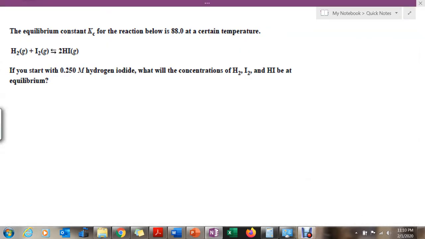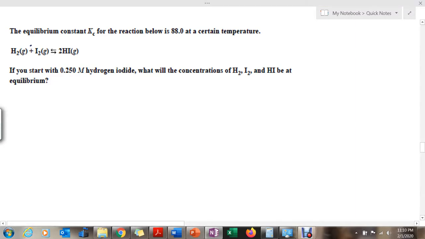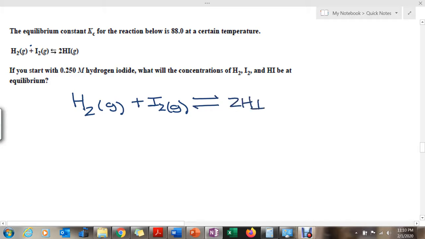Okay, so we're going to continue with this. The equilibrium constant Kc for the reaction is 88 at a certain temperature. If you start with this reaction, I'm going to rewrite it here: H2 gas plus I2 gas gives me 2HI gas.